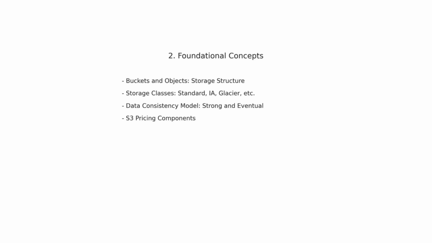First, S3 Standard is for frequently accessed data, offering low latency and high throughput. Then there's S3 One Zone Infrequent Access, which is a low-cost option for data that doesn't need to be accessed often and is stored in a single availability zone. For archiving, Amazon provides S3 Glacier classes, which offer various retrieval speeds depending on your needs.